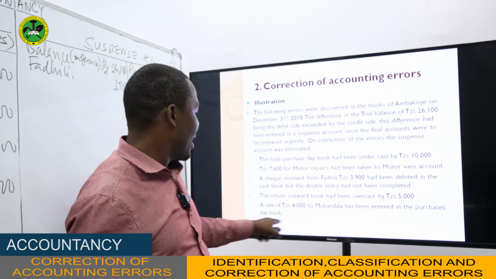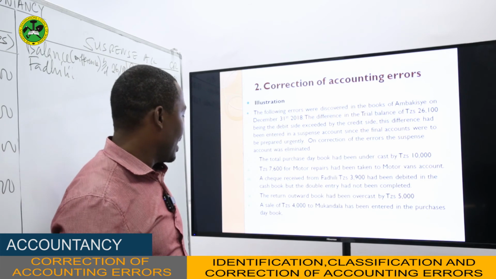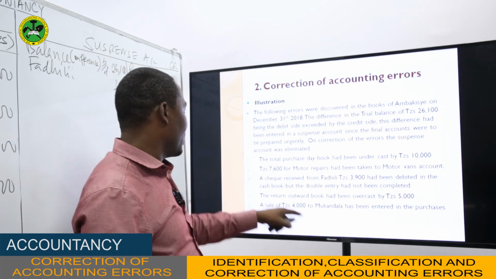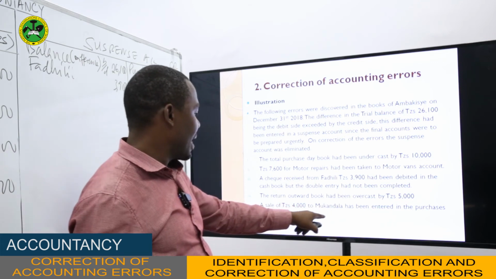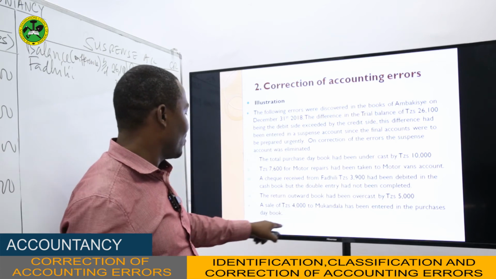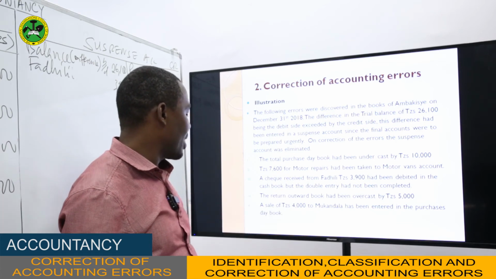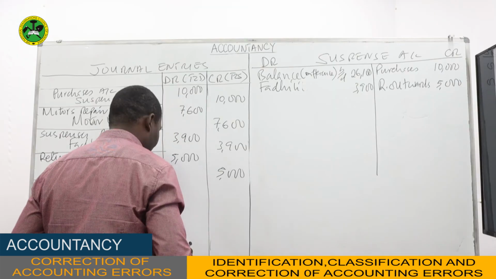If it was debited in purchases, then we credit purchases, and the other entry will be to recognize the sales. So we debit Mukandara account by doubling the amount. The corresponding entries will be to sales account by 4,000 and purchases account by 4,000.